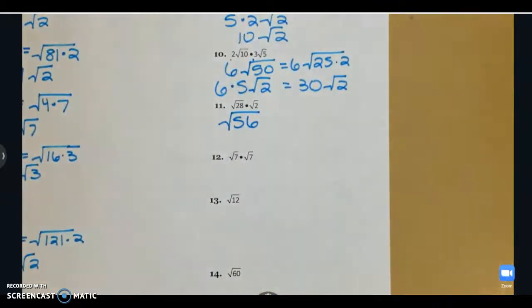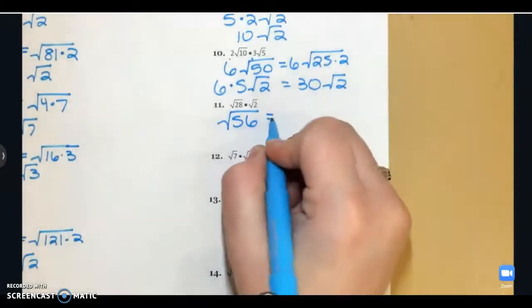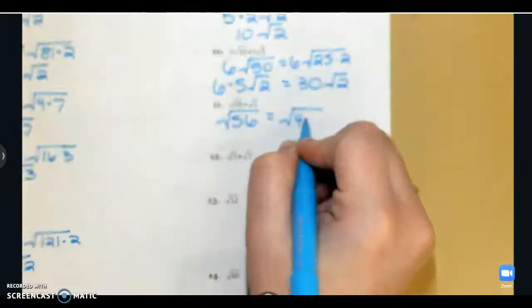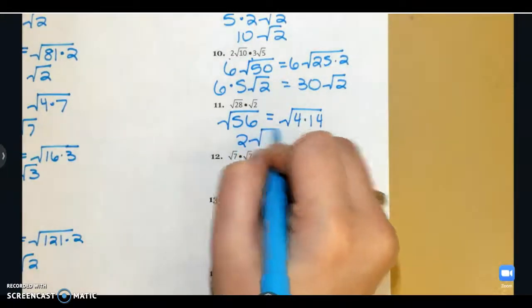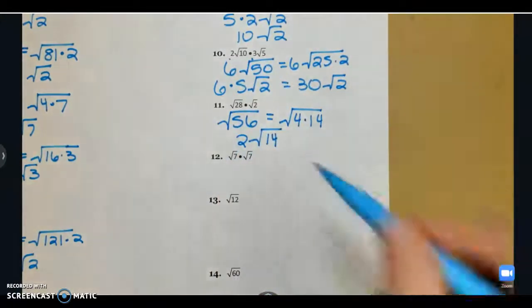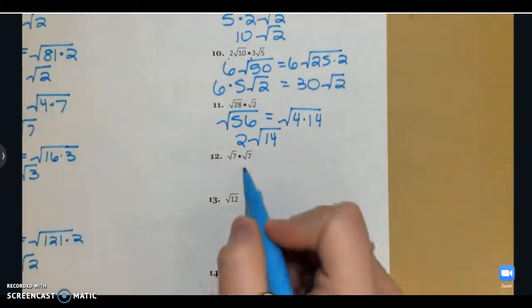And can 56 be simplified? The answer is yes. This is equivalent to the square root of 4 times 14. 4, of course, is a perfect square, so 2 square root of 14.